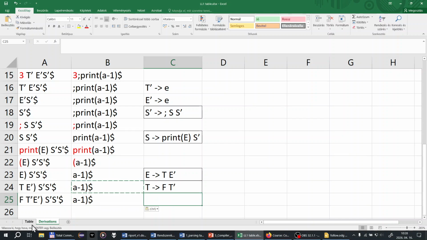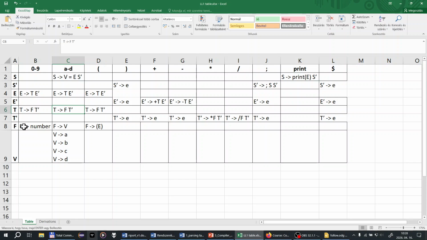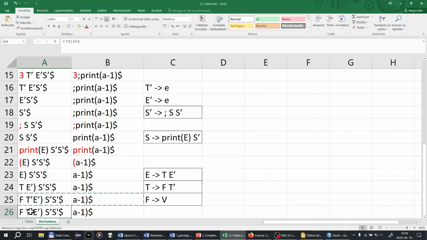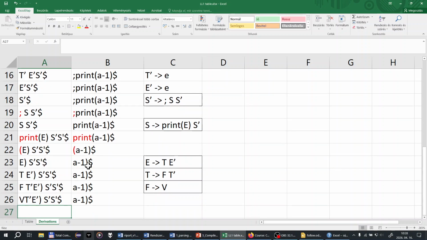For the F and the letter we have F to V, for V and a we have V to a.